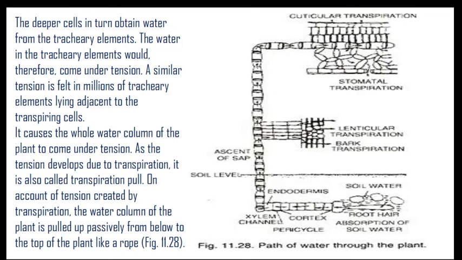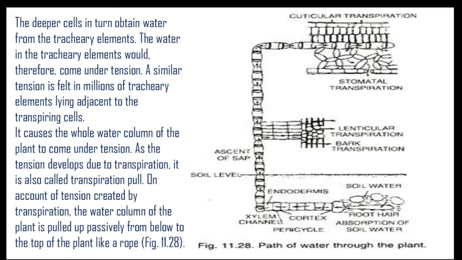So this is the most important thing. On account of the tension created by the transpiration, the water column of the plant is pulled up passively from below to the top of the plant like a rope.